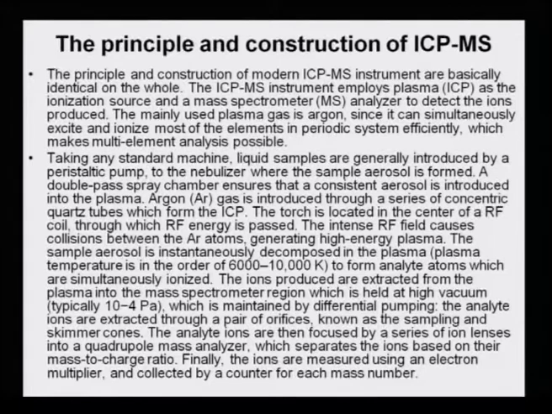The torch is located in the center of the RF coil, through which the RF energy is passed. The intense RF field causes collisions between the argon atoms, generating high energy plasma.